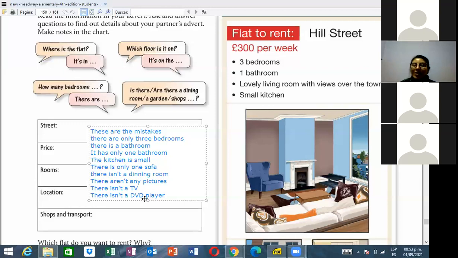We have 9 mistakes or 8? How many mistakes do we have? 1, 2, 3, 4, 5, 6, 7, 8, 9. Okay, it's correct. 9 mistakes. Very good, students. Let's go back now to the lesson again.